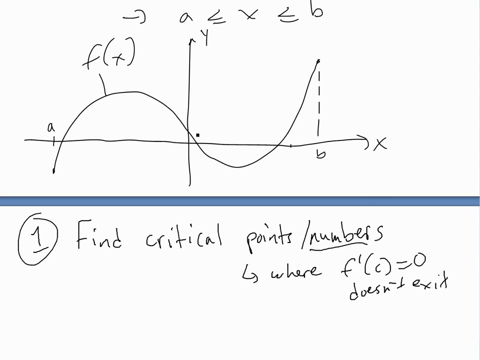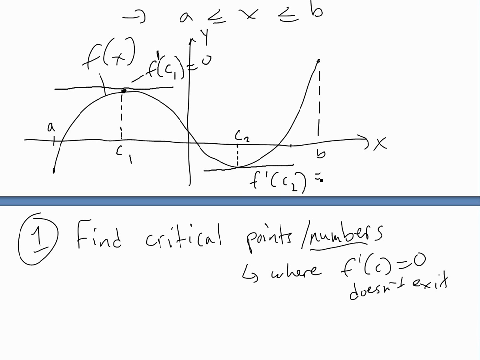In this general example, let's call this one C1 and this one C2, because on any parabola-shaped curve like this, the slope is 0 here. So f prime of C1 is equal to 0, so that's critical point 1, and this is critical point 2, f prime of C2.